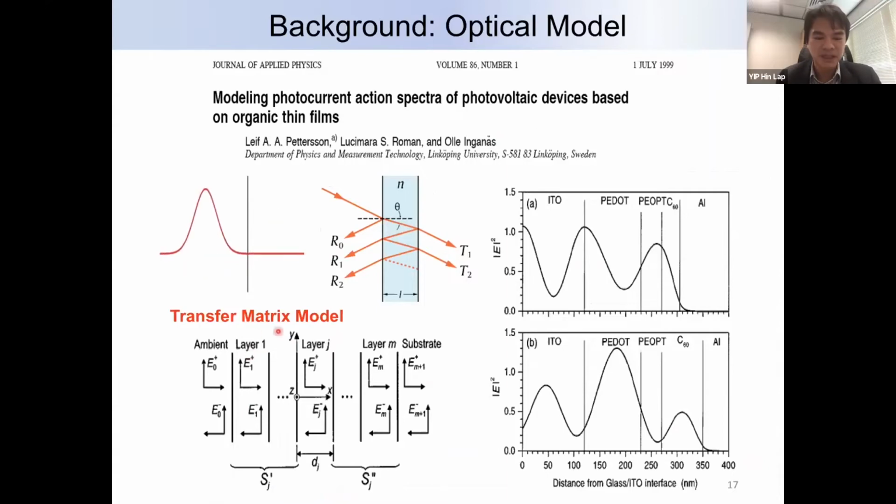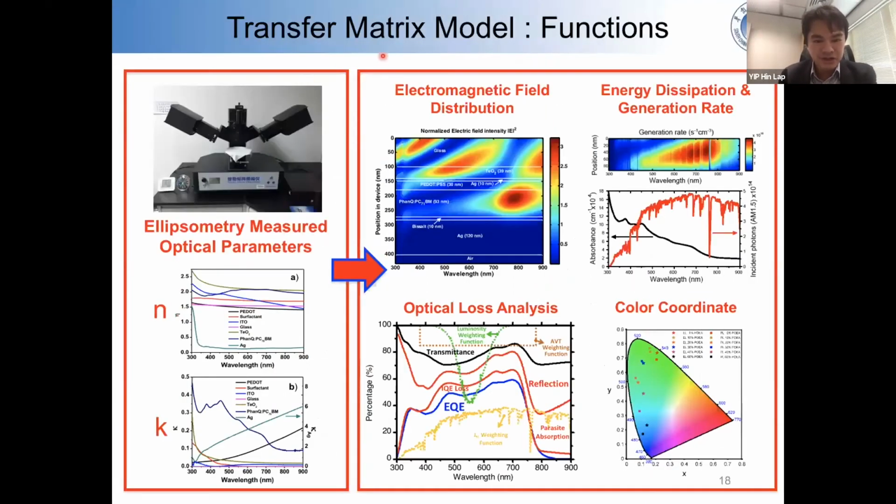When we build up this transfer matrix model, we will be able to analyze the electromagnetic field or the optical field within a multi-layer structure. So this is very important to understand the optical properties of organic solar cells. With this transfer matrix model, we need to know the refractive index and also absorption coefficients for all the layers we use in the organic solar cell.